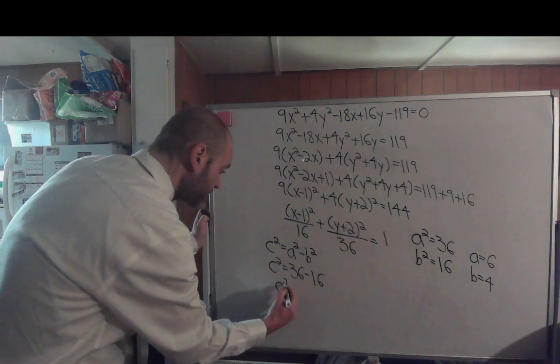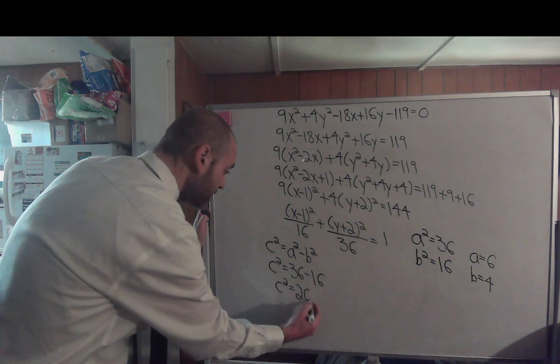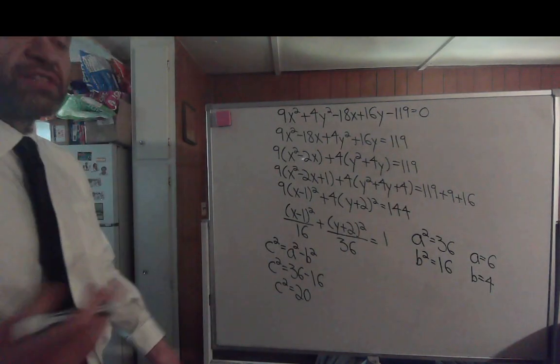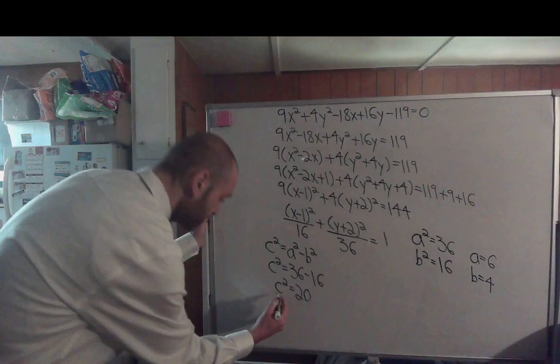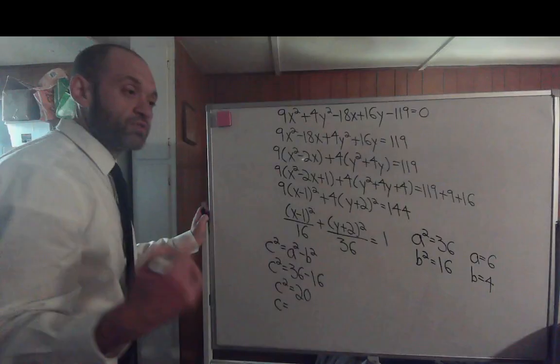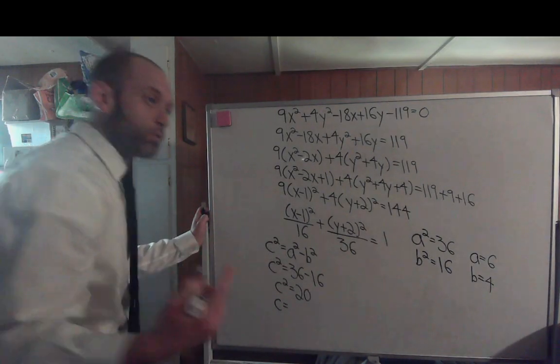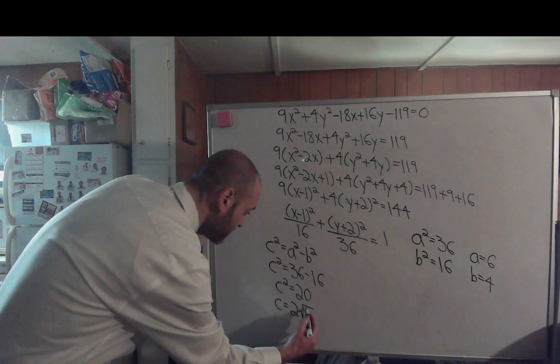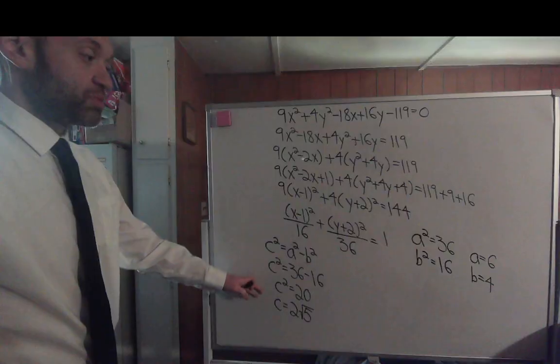So c squared equals 20. And again, we're only considering the positive aspects for the fact we're going to find the eccentricity. So c would equal the square root of 20, which is really the square root of 4 times the square root of 5. That would give you 2 times the square root of 5. All right, so we found c.